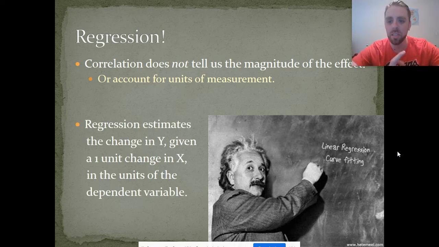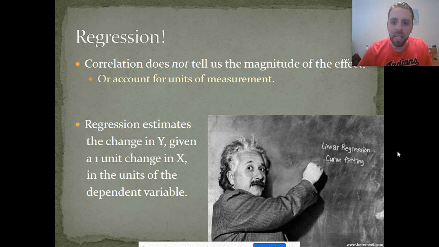So here's what regression does. Bivariate regression is going to estimate the change in y, that's your dependent variable, given a 1-unit change in x, that is your independent variable. And it will express it in the units of y, the dependent variable. Once we go through x's and y's and the rest of the equation here, my hope is that will make more sense.